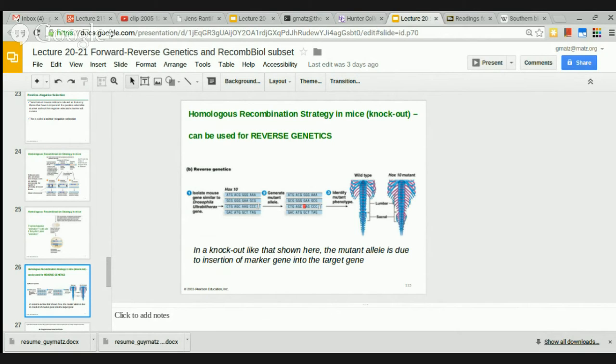So instead what you do is you take a female, and what you're going to notice here is that we're using marker genes that will be important to our figuring out when we have generated a mouse from that ES cell that has that mutation we just generated. Okay.